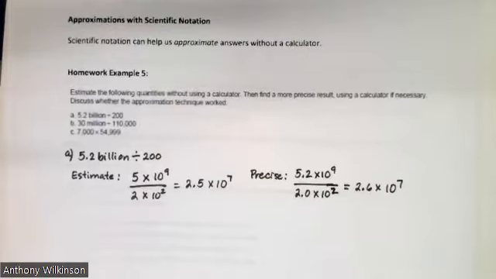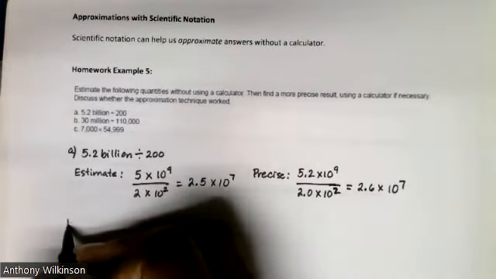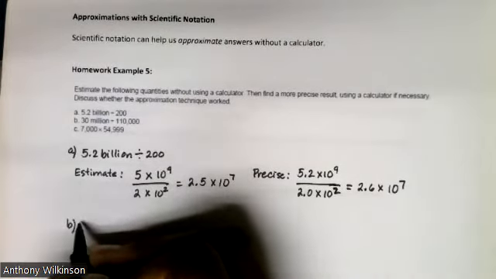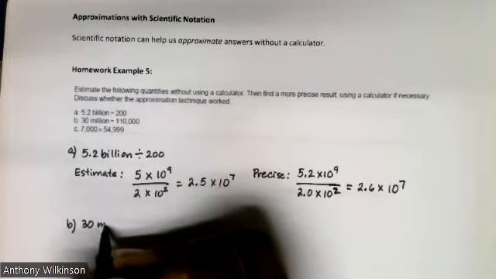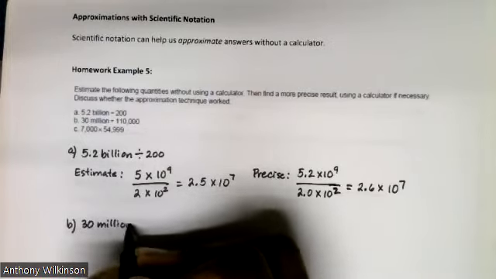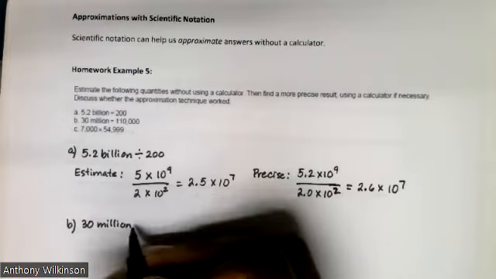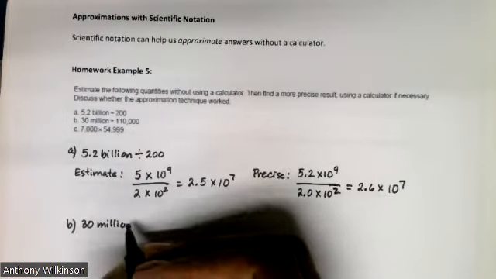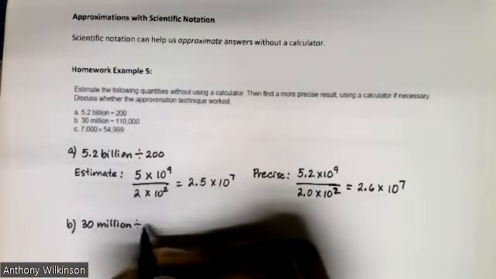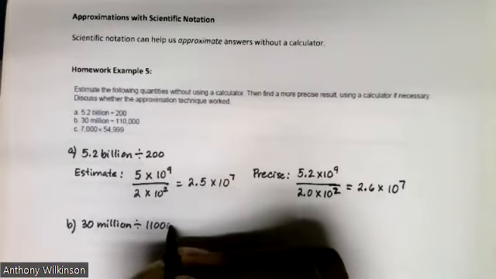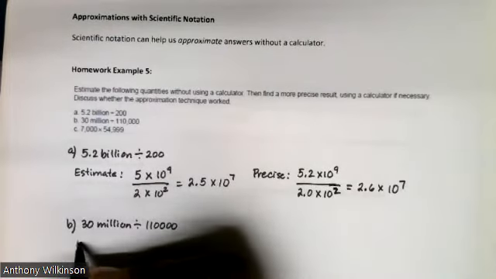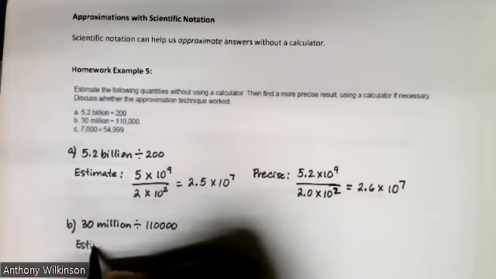All right, look at part B. We've got 30 million divided by 110,000. Let's find an estimate.